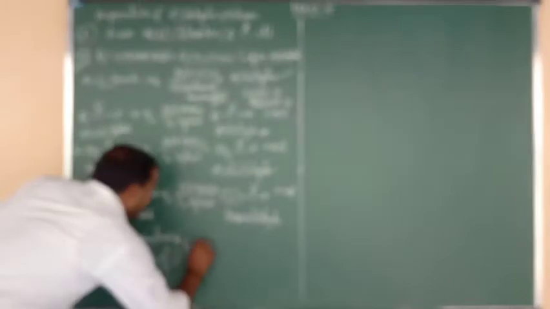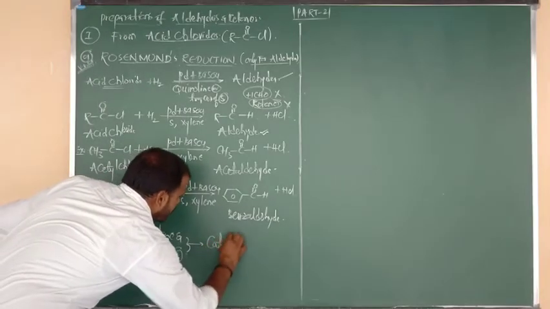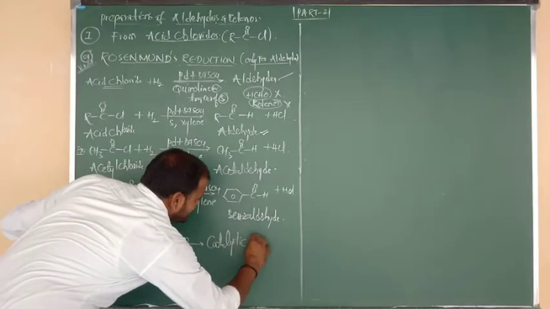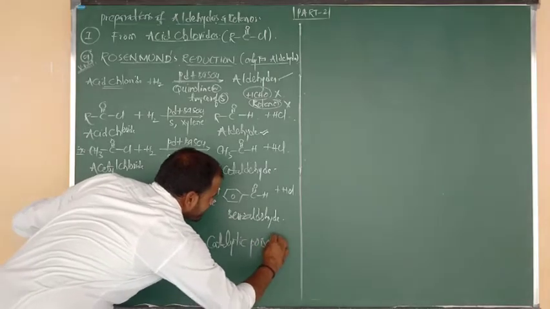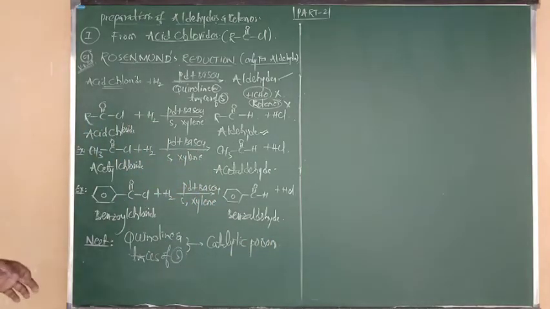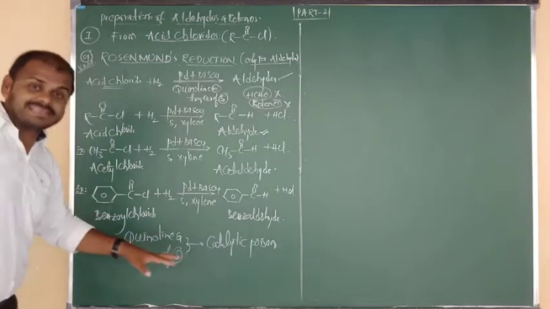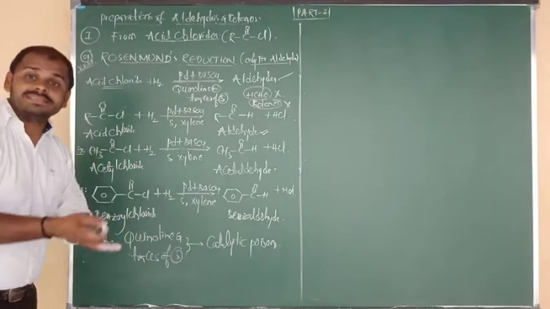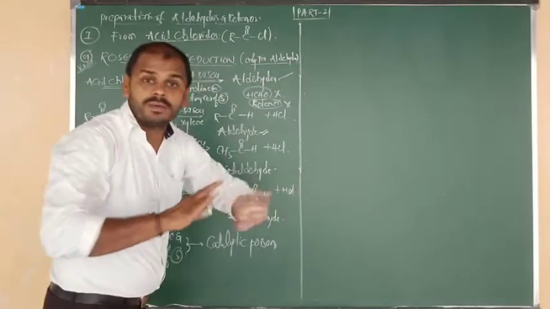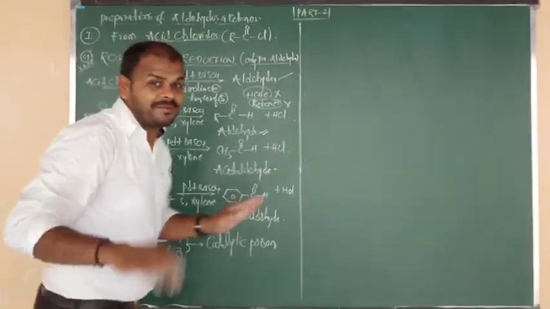Both act as catalytic poison because they stop the conversion of aldehyde into primary alcohol.